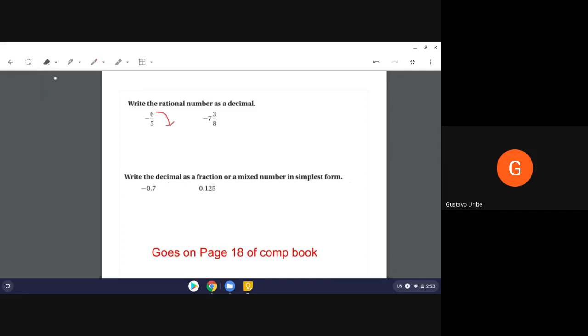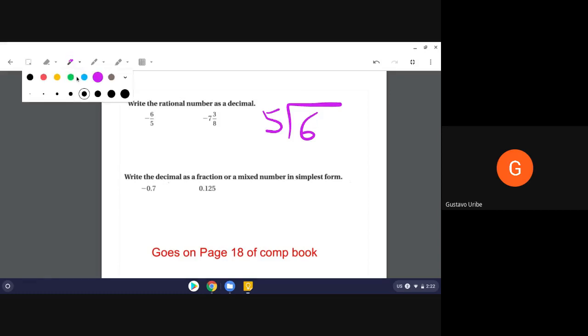And once you get that to fall, I have 5 and 6. How many times does 5 go into 6? Well, the closest you can get to it is 1.